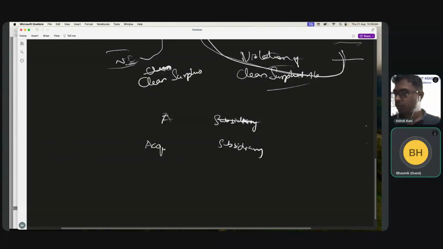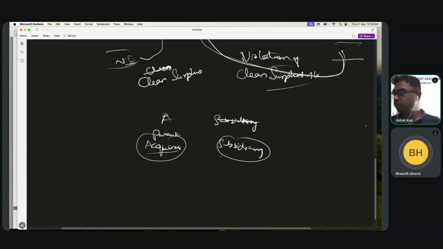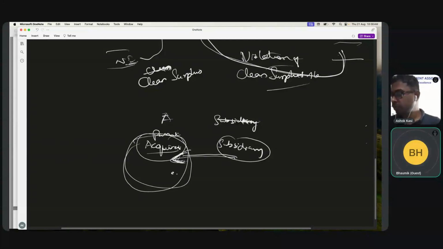This company is the parent company, let's say, and this is the subsidiary. It is quite possible that the parent company will say, look, subsidiary, you sell products to me at a lower price, so that this parent company's profit goes up. Or they might get raw materials from here and then sell them at a higher price to the subsidiary. They can adjust the price as per the requirement, increase, decrease. That is called transfer pricing.